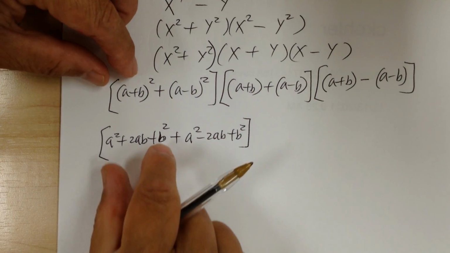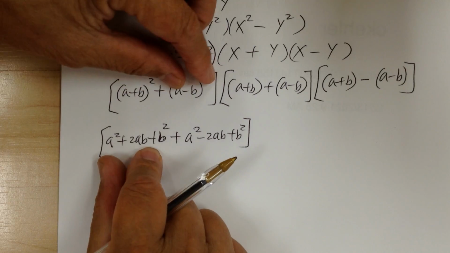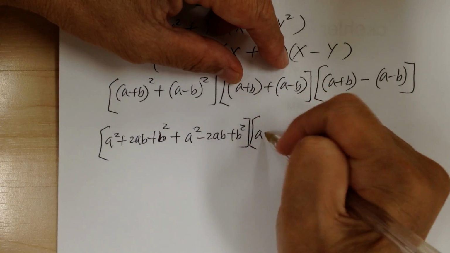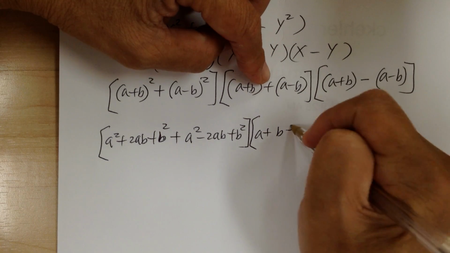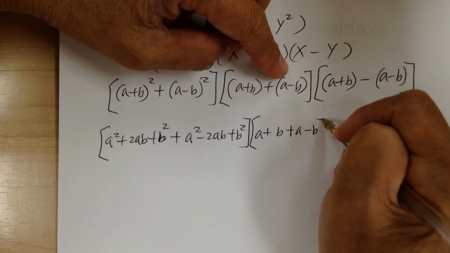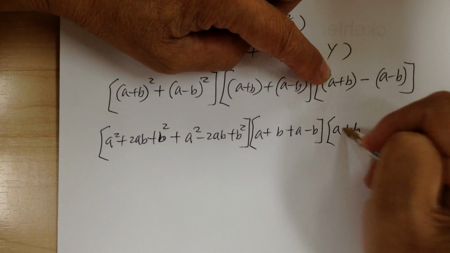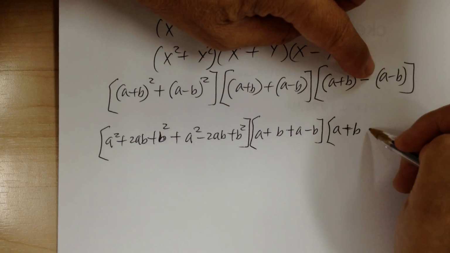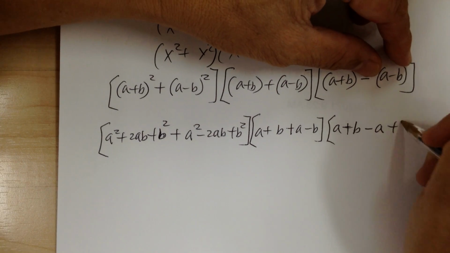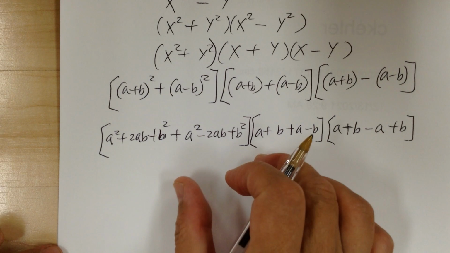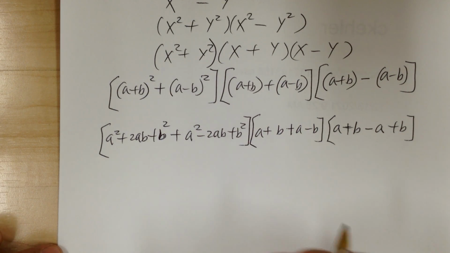This one, just get rid of the parentheses. This one, same thing, so you don't have to multiply, so a plus b. Now you have to be careful with the minus, it would be minus a plus b. Now we can switch the brackets back to parentheses.